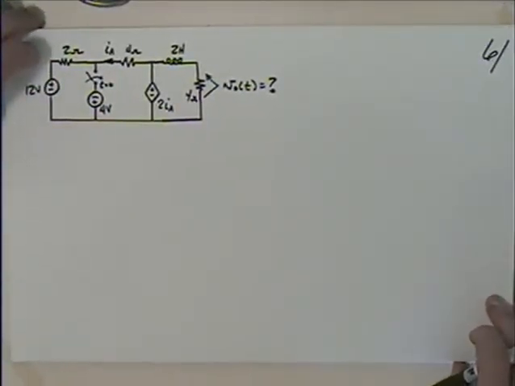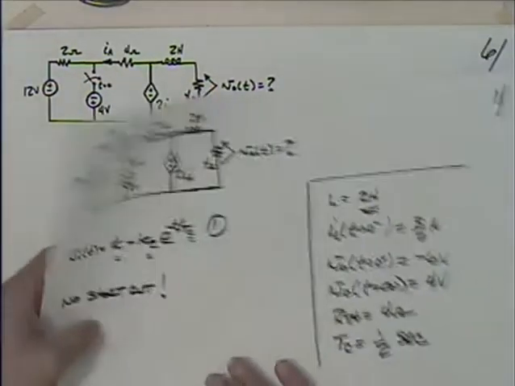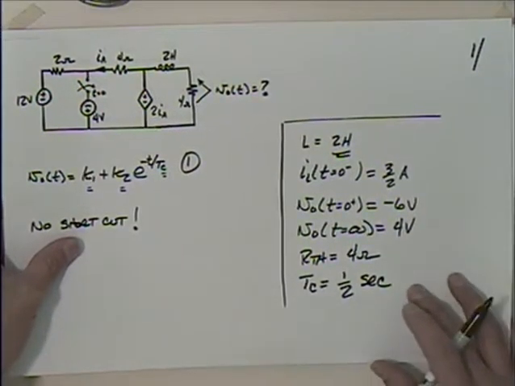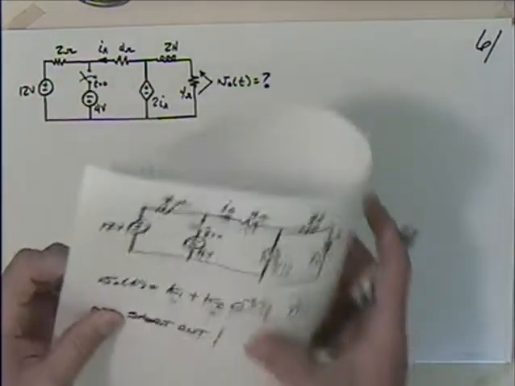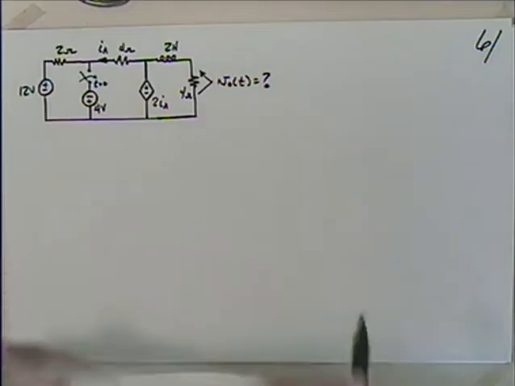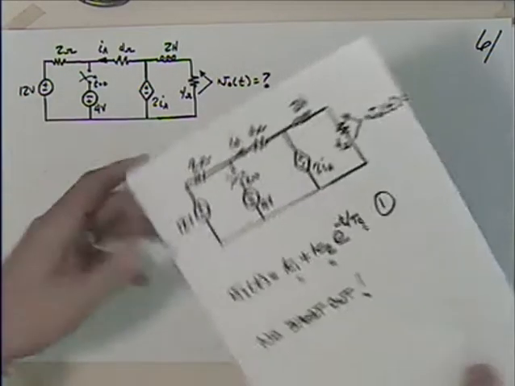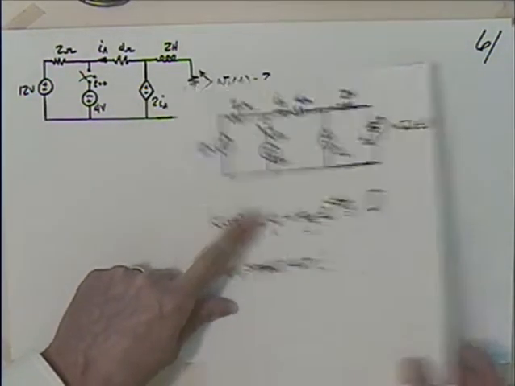I go back to my scorecard here. Got my scorecard filled out, and I should be ready to put this thing together. We said the solution was going to look like this.